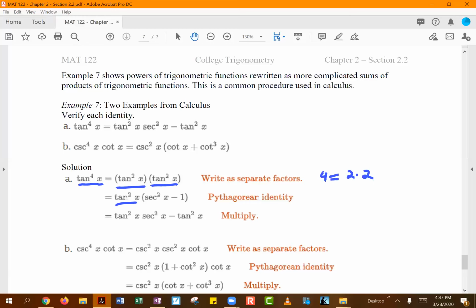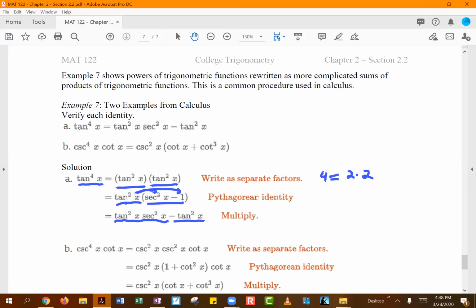They're leaving this first tangent squared as it is, and they're actually using the Pythagorean identity to rewrite tangent squared as secant squared of x minus 1. And then to get that final answer, they're actually just taking this and distributing it inside the parentheses. So you get tangent squared multiplied by secant squared of x, which gives you this, and then tangent squared multiplied by 1, which gives you this minus tangent squared of x. And this is how we are able to verify part A for number 7.